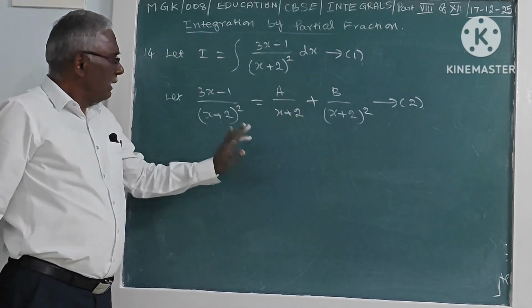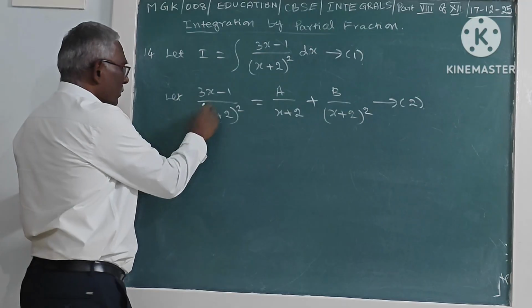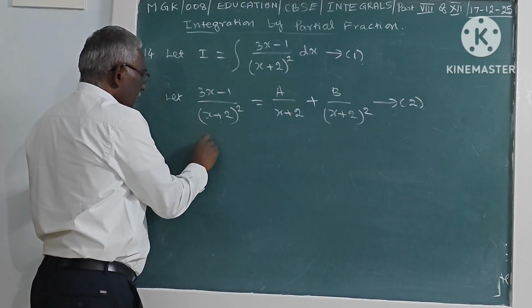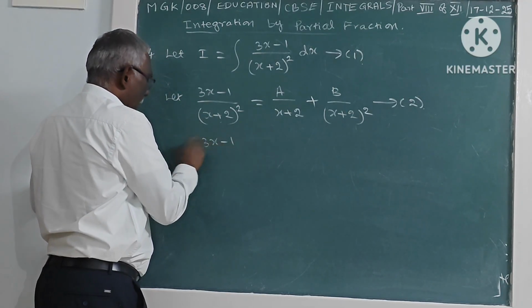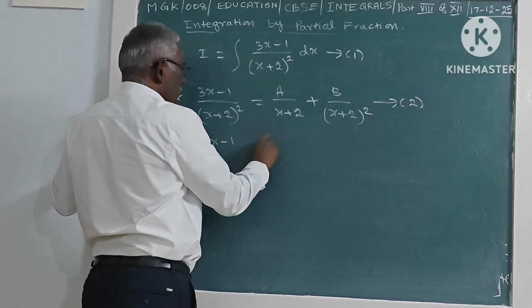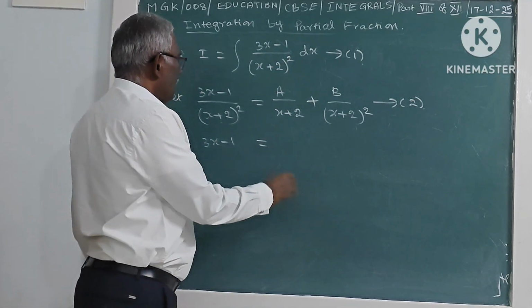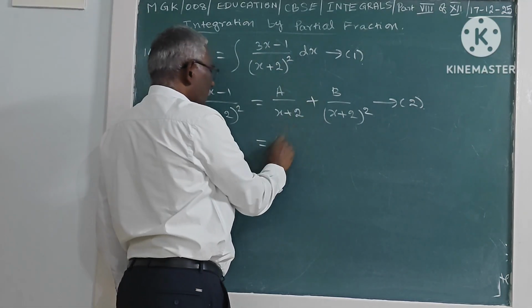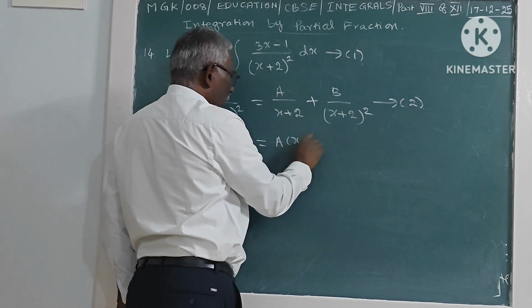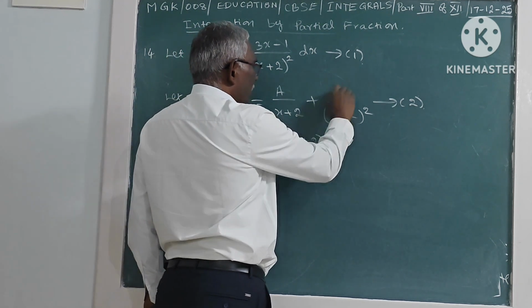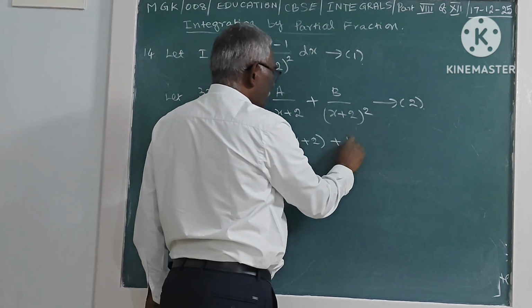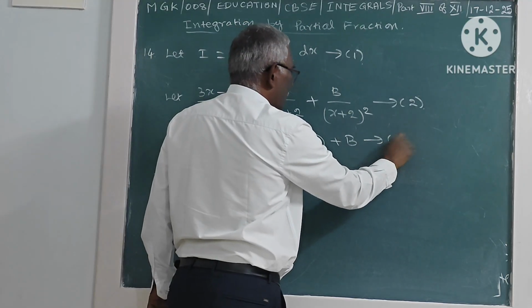Multiplying throughout by x plus 2 whole square, we get 3x minus 1 is equal to, when you multiply this by x plus 2 whole square, a into x plus 2. We multiply this by x plus 2 whole square, only b comes.